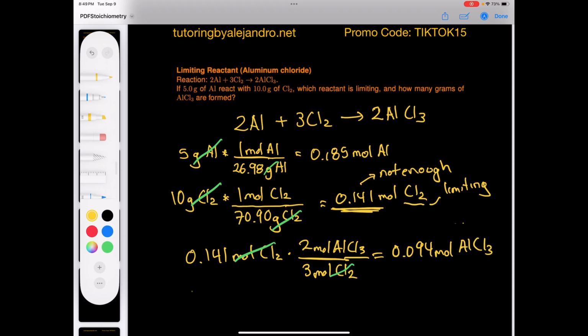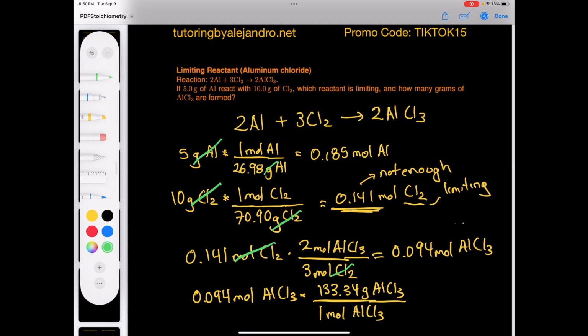All right, and then the final step, let's just convert that to grams. So this gets multiplied by, we have 1 mole in the denominator because that's what we're trying to get rid of, right? Okay, and 1 mole of that has, according to the periodic table, 133.34 grams of AlCl3.